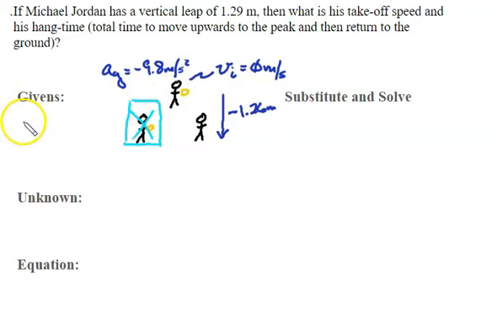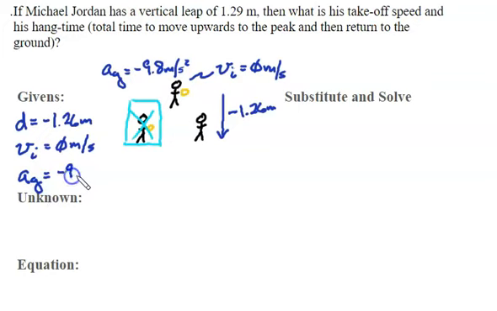Given these things, I know that displacement equals negative 1.26 meters. I know velocity initial is 0 meters per second. And I know that the acceleration due to gravity is negative 9.8 meters per second squared. The thing that I'm looking for is his time, but let's be careful.